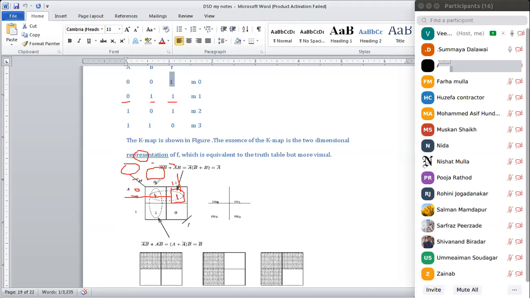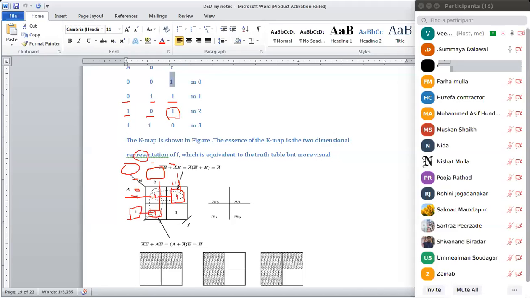Then the intersection of row 2 and column 1. Here also, for 1 and 0, I have got the output 1, so I will write 1 here.